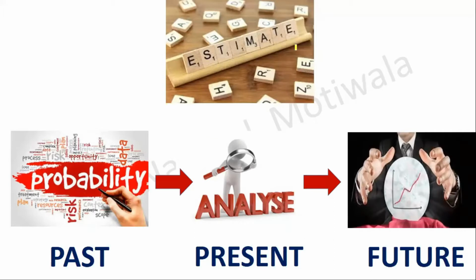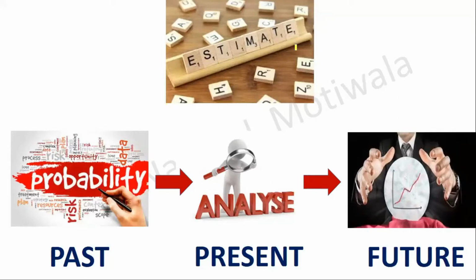We have the data which has already occurred. My result of SEM 1 to SEM 6 is already available with me. Now I will analyze my result, analyzing the previous data and trying to predict my future. That is known as simulation.